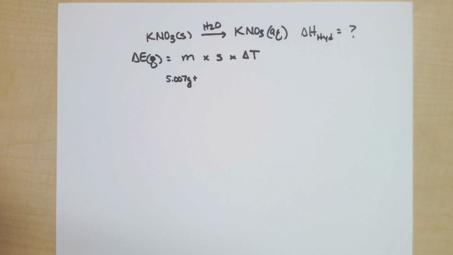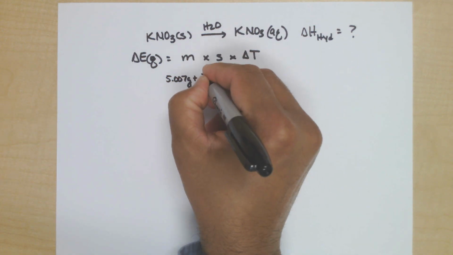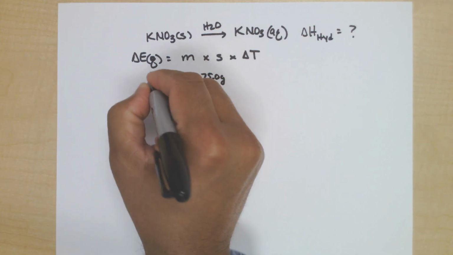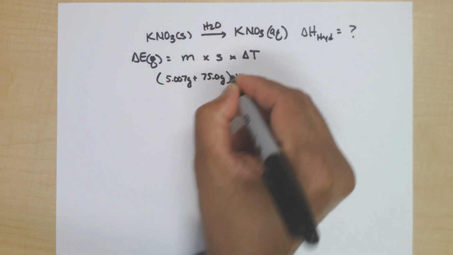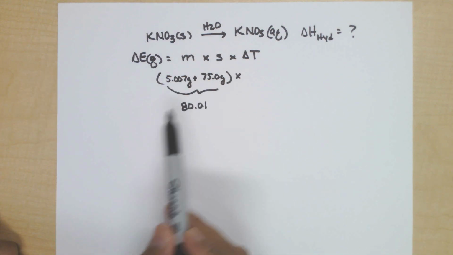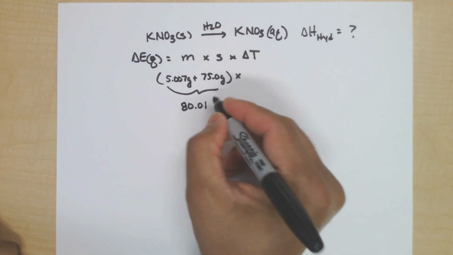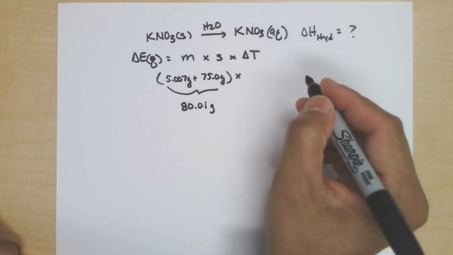Again, for 75 milliliters of water and assuming a 1.0 gram per milliliter density, we can assume 75.0 grams of water. This gives us a total mass of 80.01 grams.